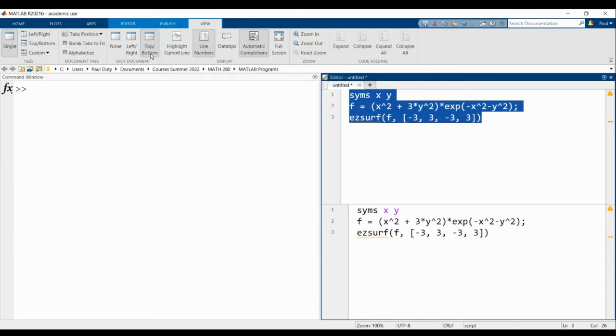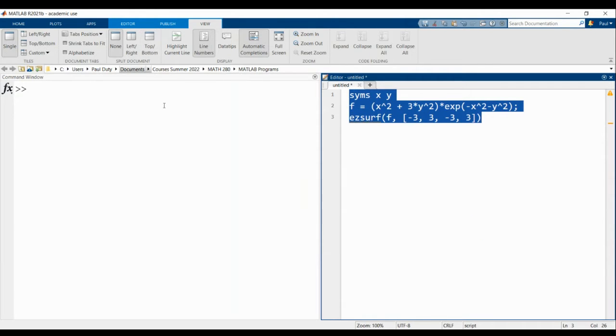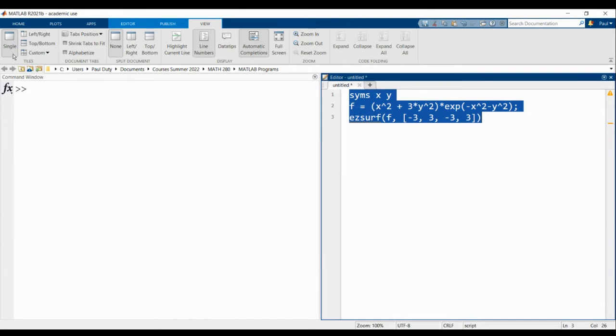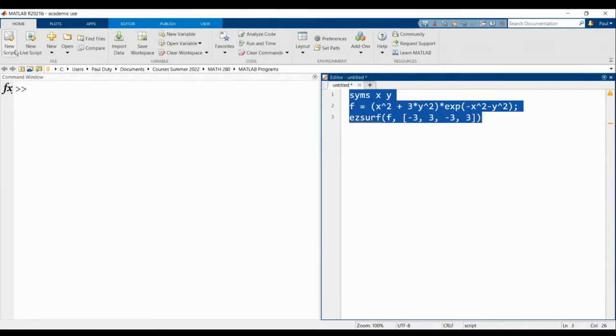just stick with what I had here. Hold on, I didn't really want to do that, but there we go. Okay, so I have it on none, and I got my command window and my script editor. The command window is usually there by default when you open up MATLAB, and to get the script editor, you have to go up to Home and click New Script.